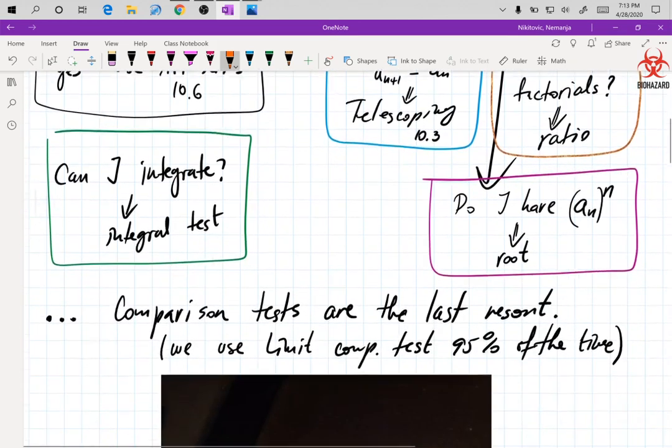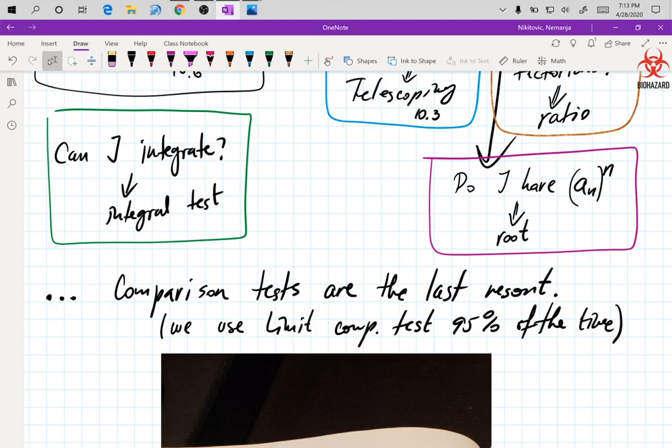And then finally reaching the comparison tests are the last resort, because you tried everything else, and now you have those pesky +1, -4, and things like that. So the problem is almost one of these main methods.